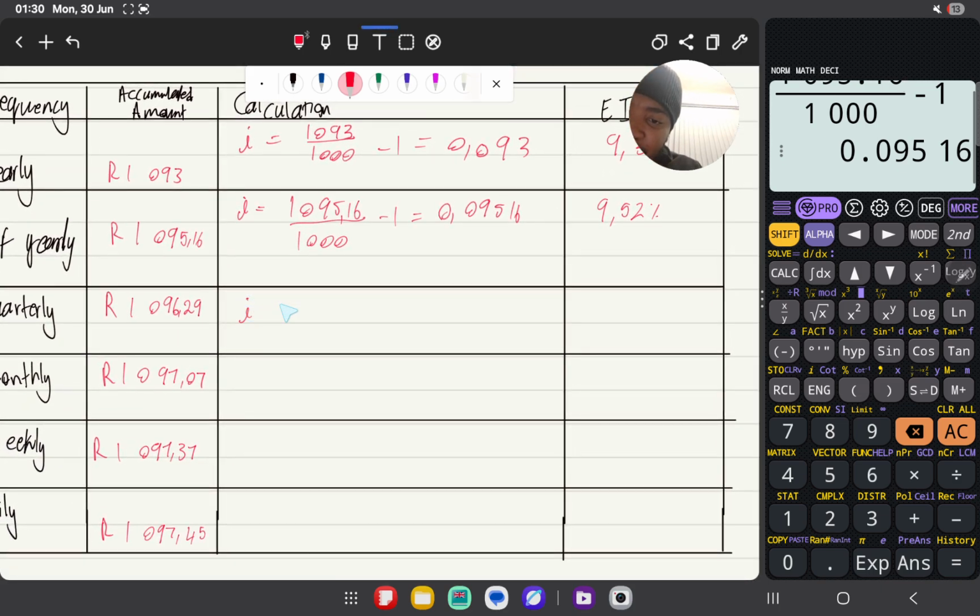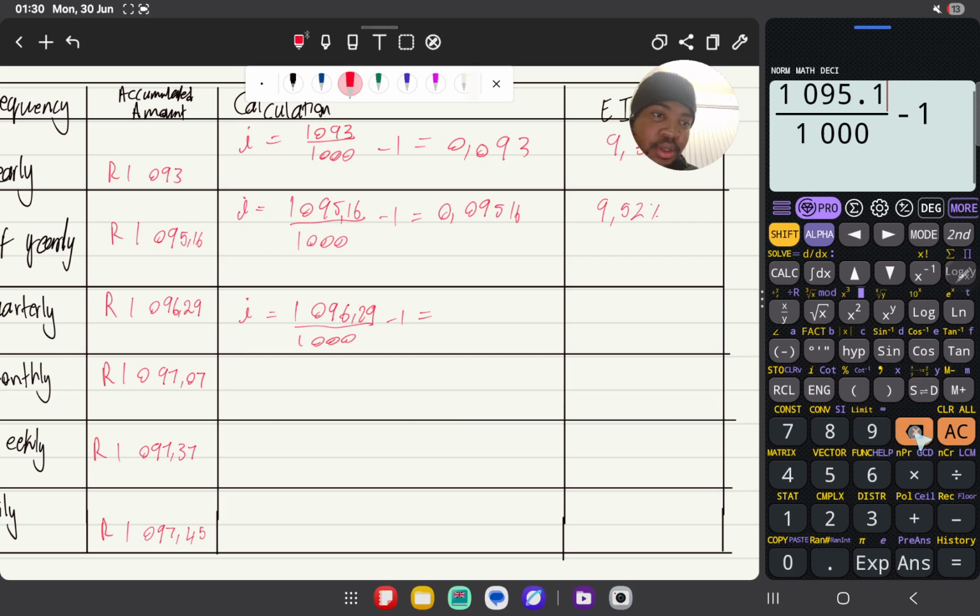Let's go again. You have this one. It's going to be 1096.29. In fact, let me do this: 1096.29 divided by 1000 minus 1.